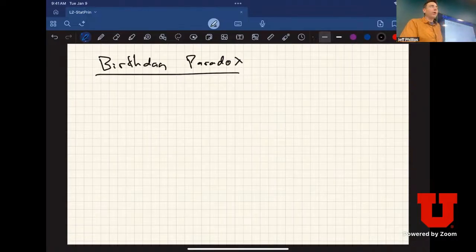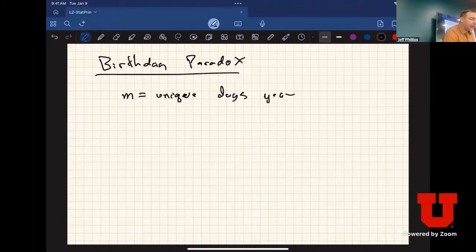So what we want to set up here is that the number of entries we can consider in the universe is going to be the unique days of the year. So this would be 365.